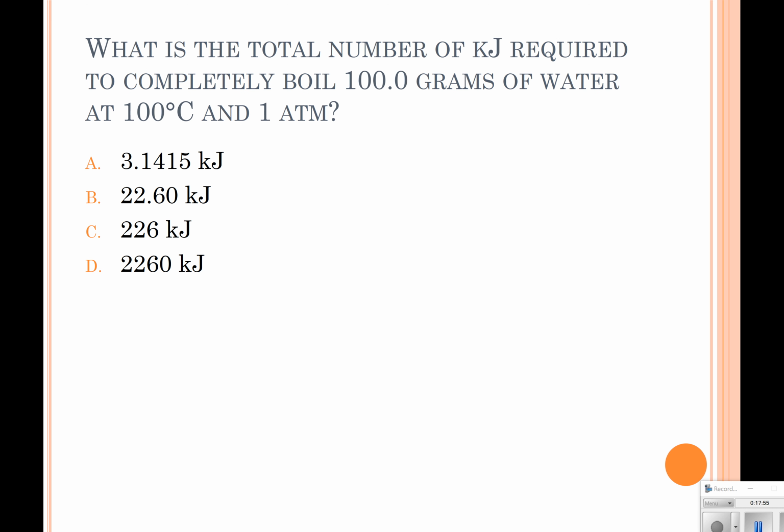Next example. What is the total number of kilojoules required to completely boil 100.0 grams of water at 100 degrees Celsius and 1 atmosphere? The 1 atmosphere we'll get into in our next lesson. This condition can change and does affect the boiling point of a substance. And this is a pressure value.